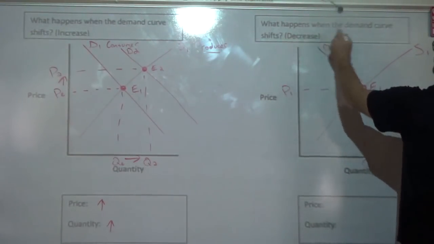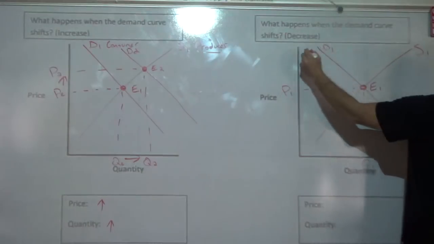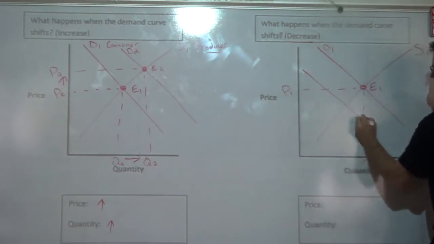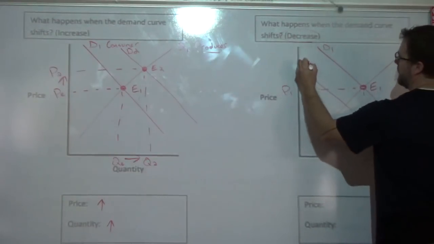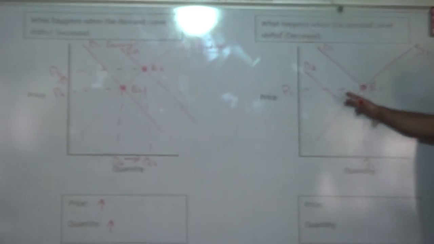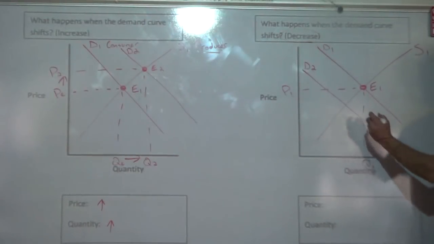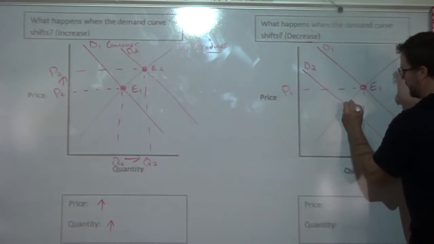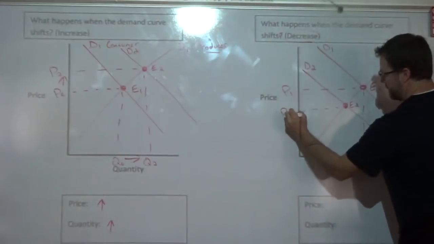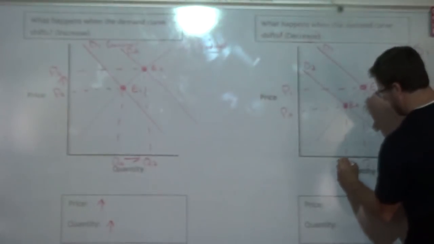So this time we have what happens when the demand curve shifts with a decrease. So we're going to shift it to the left. All right, whatever this product is, there's less demand in the market for this product. So our demand curve shifts to the left with a decrease, and our new equilibrium point is here. So let's figure out what happened to P2 and Q2.